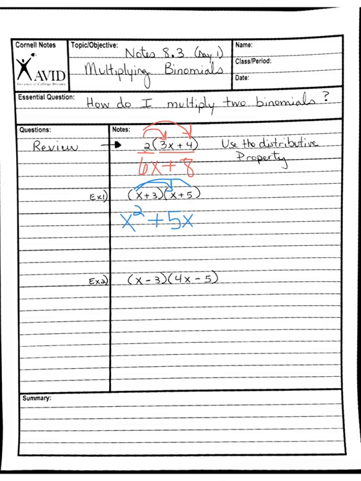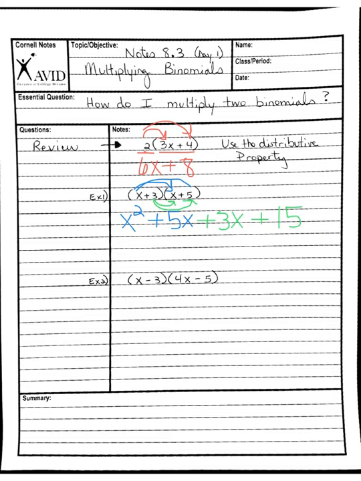We're not done though. We now need to make sure that we distribute the 3 to everything. So we would go with 3 times x, which is 3x, and the 3 times the 5, which is 15. So we had two binomials here, multiplying them together.